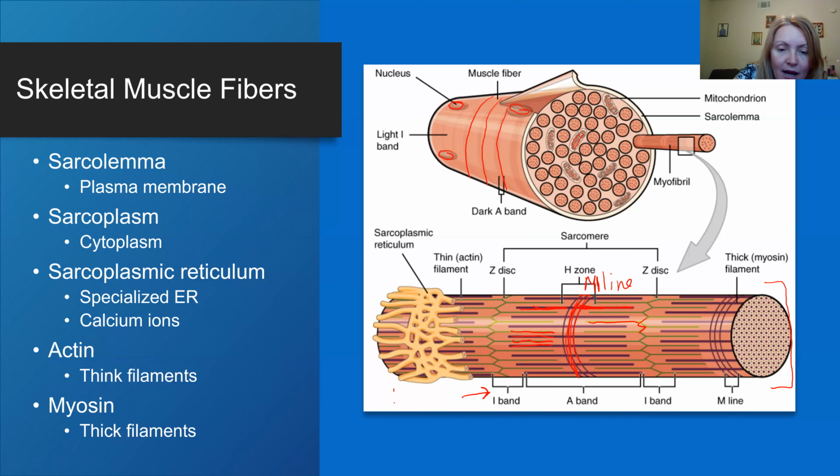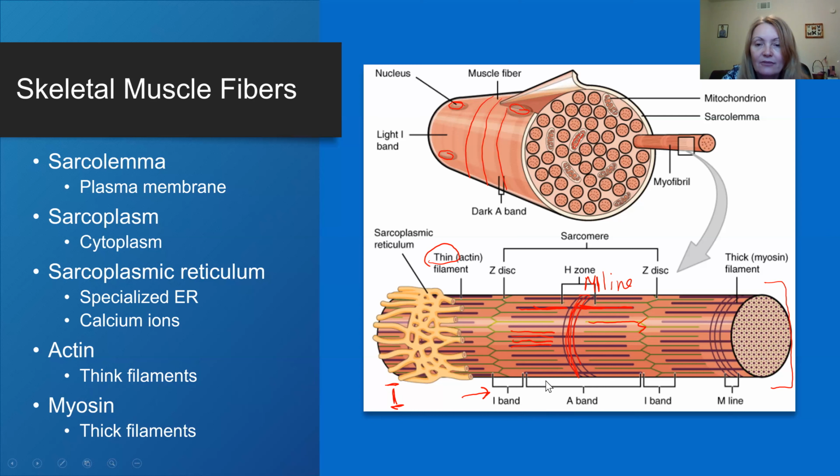I always remember I is a really skinny letter, right? So I is a skinny letter, so that's thin filament, that is actin. So in the I band, you only have thin filament. In the A band, you have overlapping thin and thick filament.